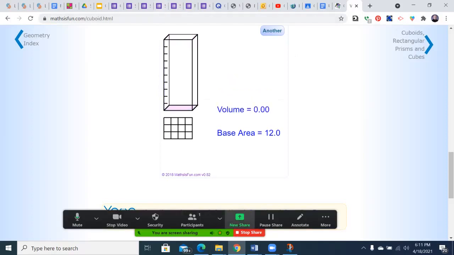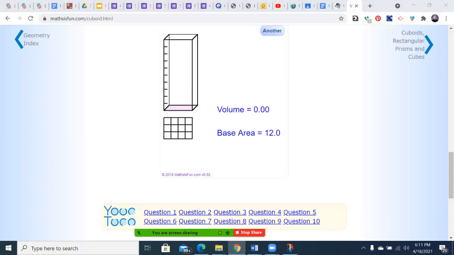So let's see a few examples here. Let's say I have this right here. And this is 5. This is 2, and this is 3. Remember, volume is equal to length times width times height. So I have 2 times 5 times 3.